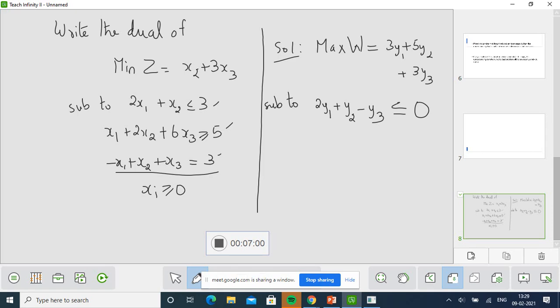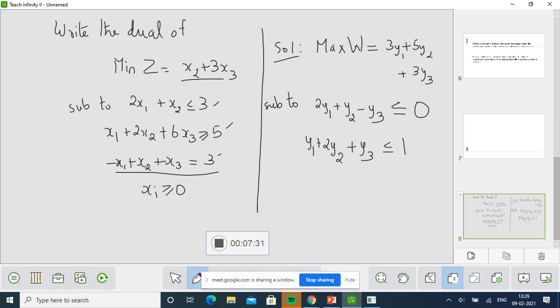Then I take the coefficients of x2. The first constraint is 1, so y1. The second constraint is 2, so plus 2y2. The third constraint is 1, so plus y3. Now this should be less than or equal to the coefficient of x2 in the objective function, whose value is 1.